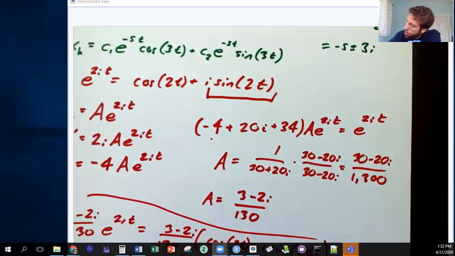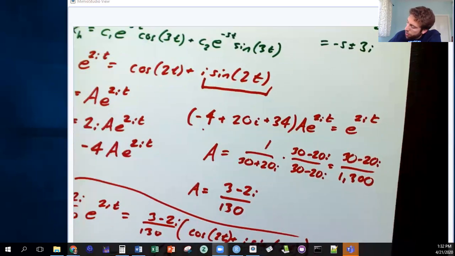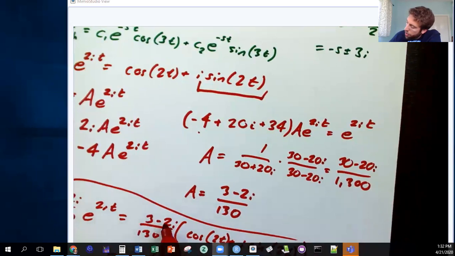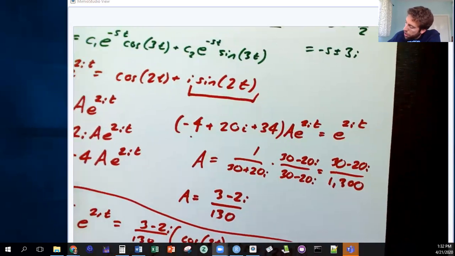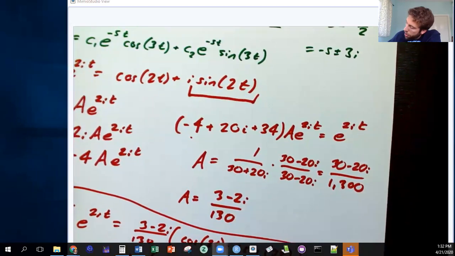So 3 cosine 2t plus 2 sine of 2t, plus i times negative 2 cosine 2t, and then also plus 3 sine of 2t.